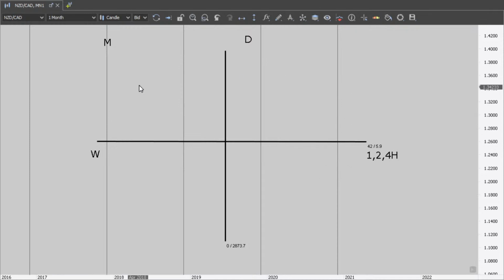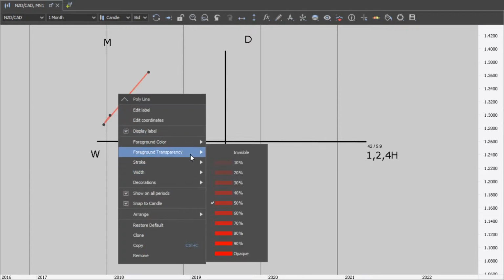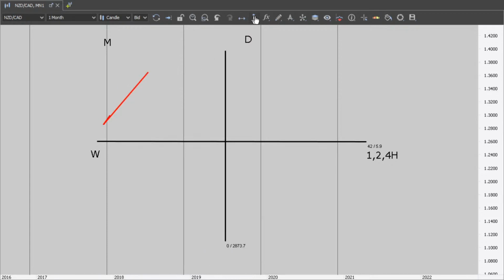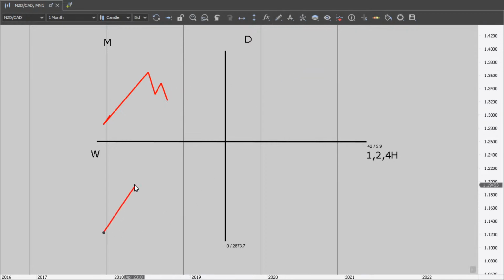And talking about the Fibonacci on the monthly, this is going to be the original one. We need to do something like this, and then something like this. This is going to be the monthly. The weekly is going to be quite similar, but it's going to have something like this.